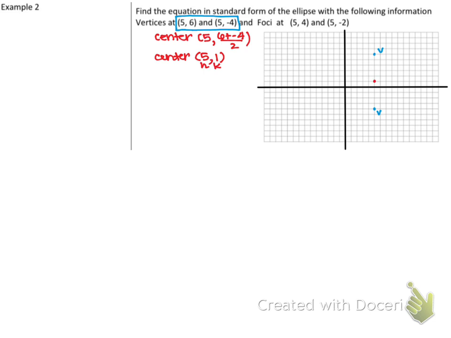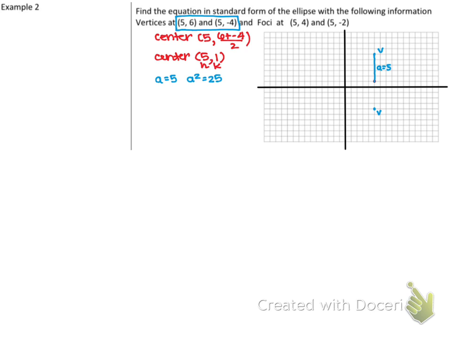I also know now how long a is, because a is that distance right there. So that's 1, 2, 3, 4, 5. So I know that a is going to be equal to 5. All right, so a equals 5, which means when I put it into the equation, a squared is going to be equal to 25. Good to know. All right, foci are located at (5, 4) and (5, negative 2).